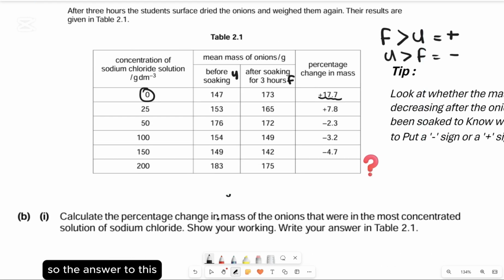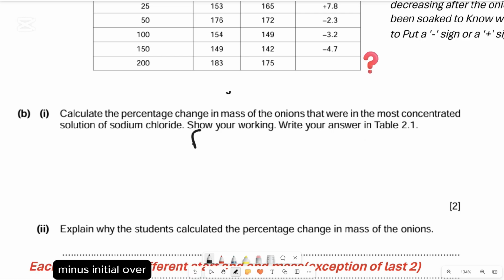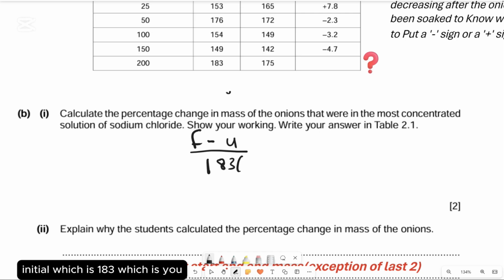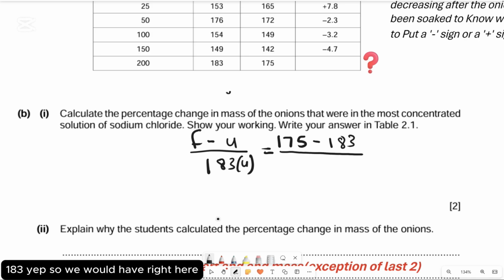Okay, so the answer to this, so the formula for percentage would be final minus initial over initial, which is 183, which is U. So this would be F minus U, which is 175 minus 183 over 183.